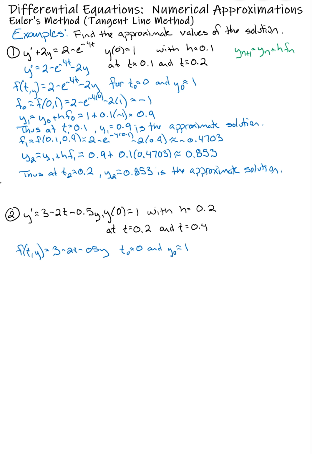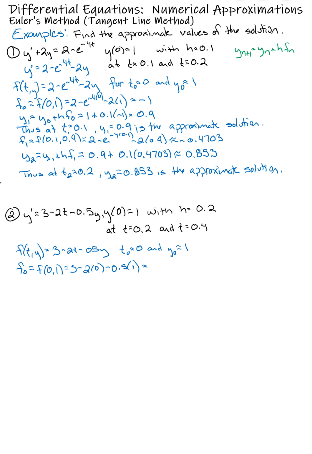So let's go ahead and use this to find our initial function value, f naught, which is simply f evaluated at t naught and y naught. So f of 0, 1, that is 3 minus 2 times 0 minus 5/10 times 1.